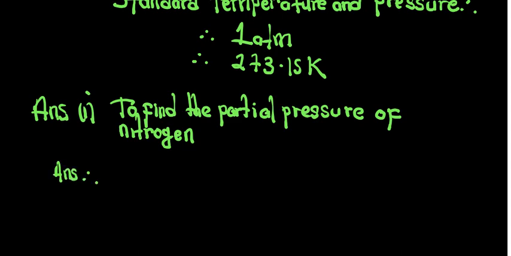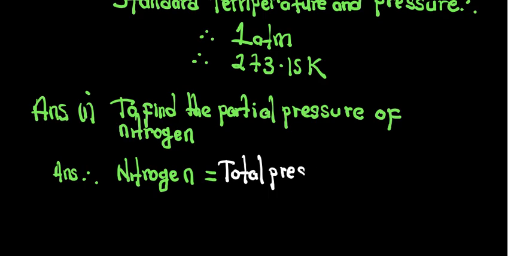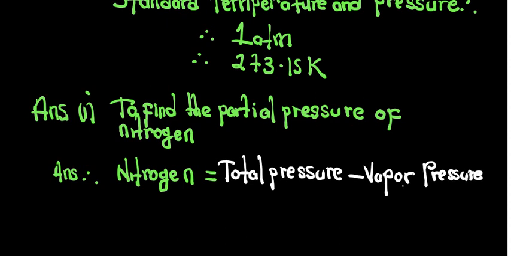So the partial pressure of nitrogen is equal to the total pressure minus the vapor pressure of water. Okay. So that is what we talked about.